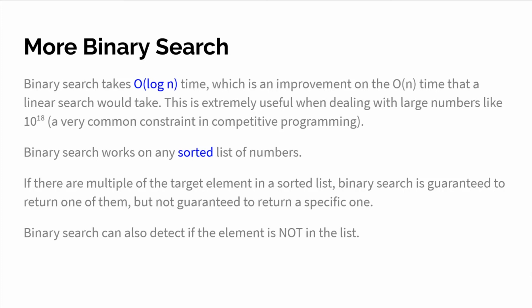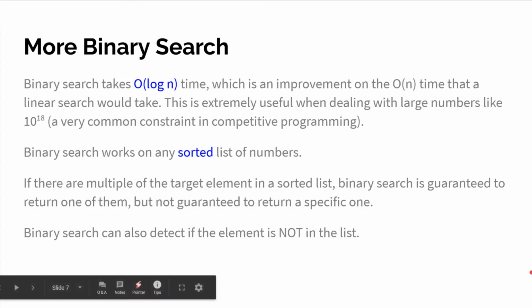Now, C++ has functions, namely lower bound and upper bound, that will either find the first 6 or the last 6, and Python also has a bisect module that will do the same thing. But with this simple binary search that we're currently writing, it's not really possible to find the first or the last one.